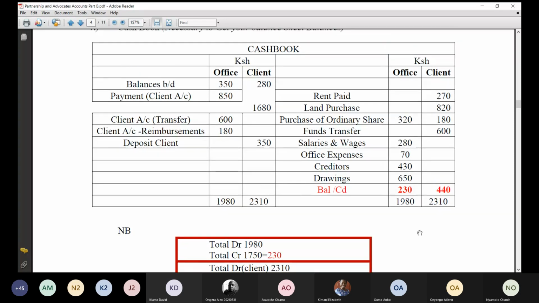So if you mispost any of these figures, your balance that you are carrying to the balance sheet would be wrong. But for every correct entry that you've made on this, you will get marks.